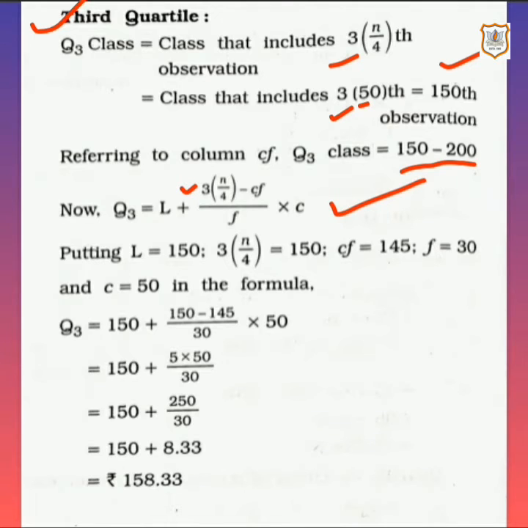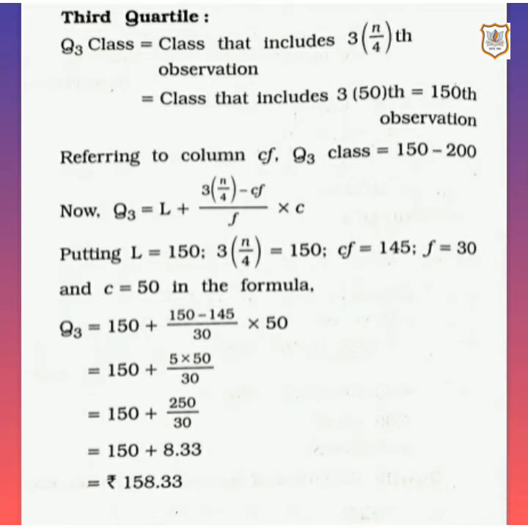So as per the class, your lower boundary point will be 150. 3n by 4 that we have taken out is 150. CF will be 145, frequency is 30, and class length is 50. Now we'll put the values in the formula. Q3 is equal to 150 plus 150 minus 145 divided by 30 into 50.